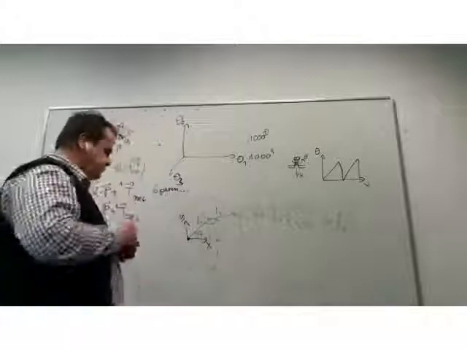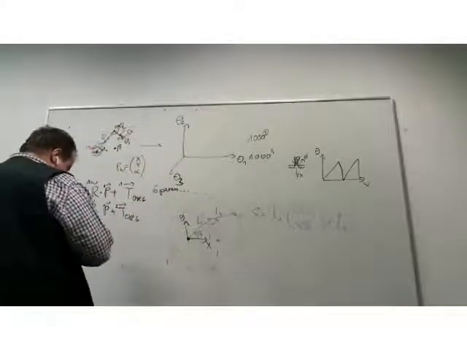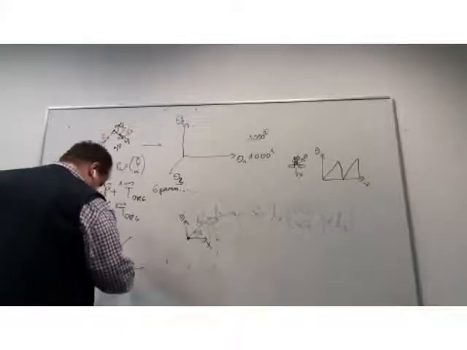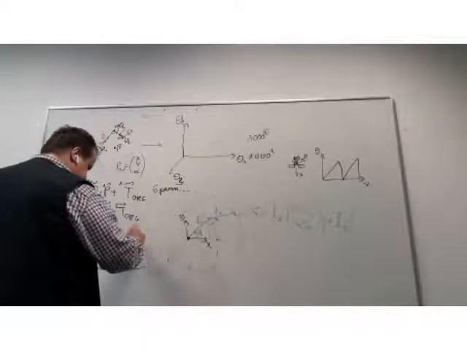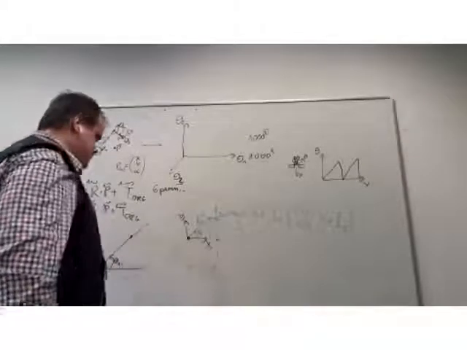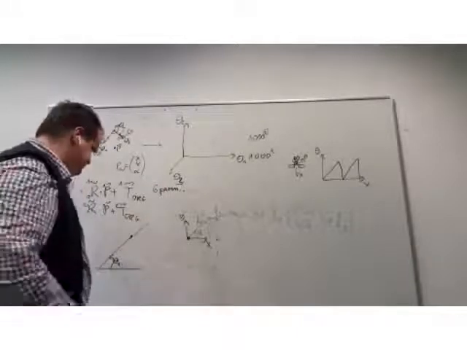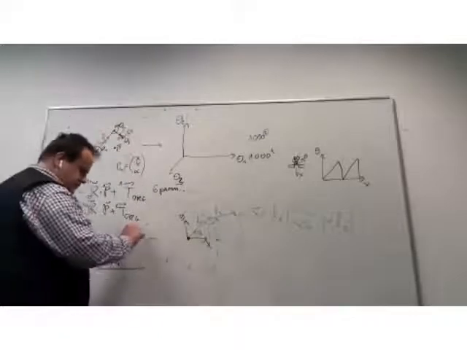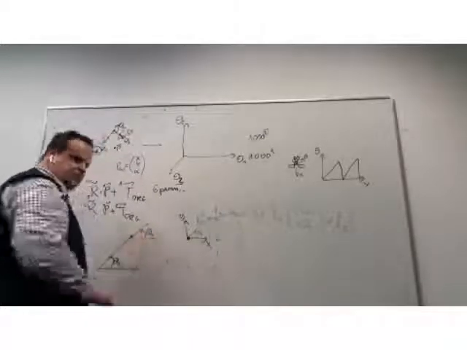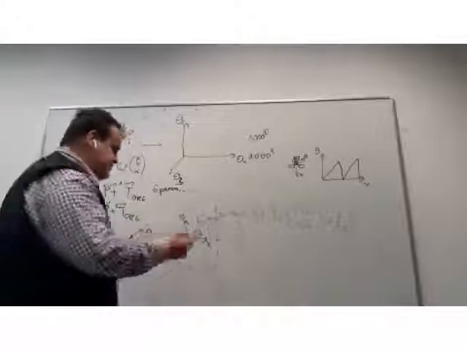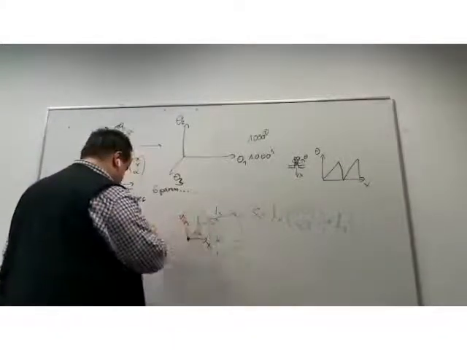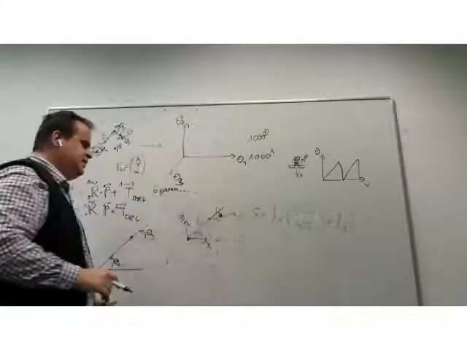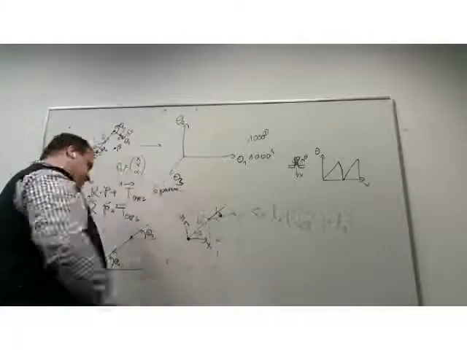Let's just do it a little bit here. I have first link theta 1. So if theta 2 is 0, then the orientation of this line is also theta 1. Theta 2 is the angle to the stretched out arm.